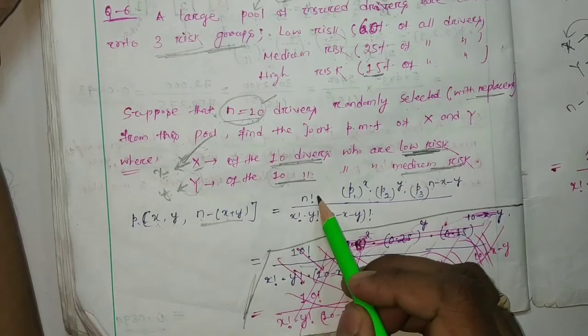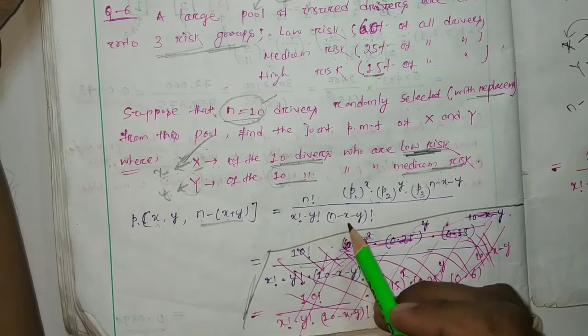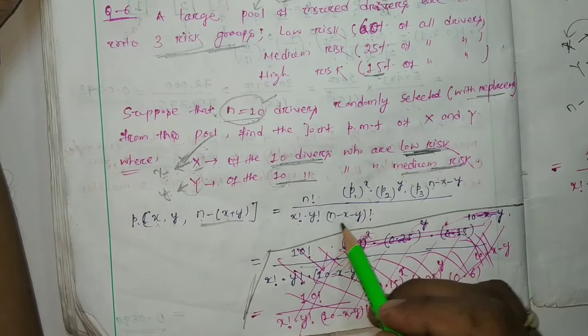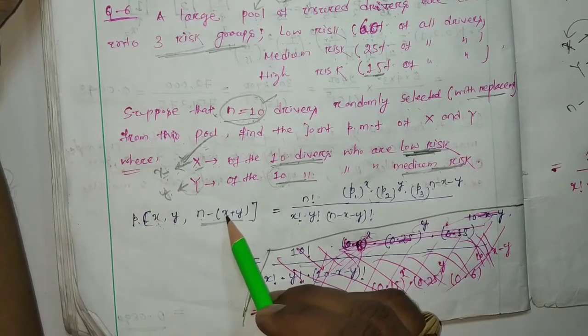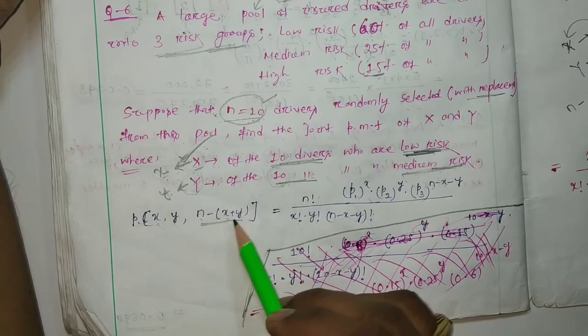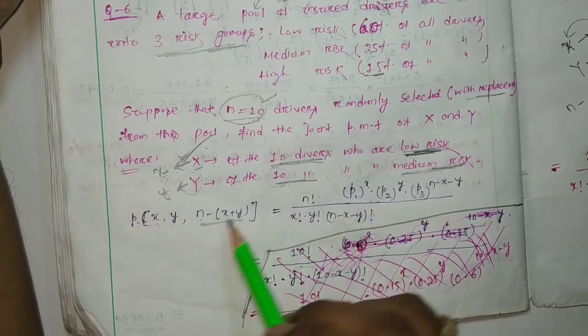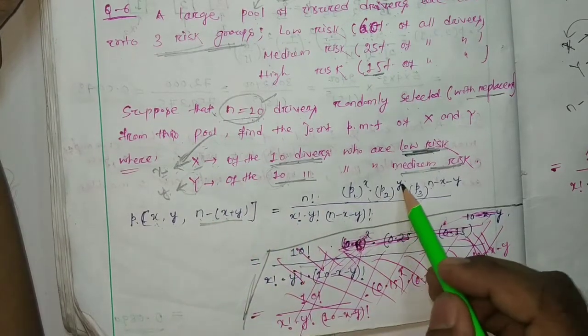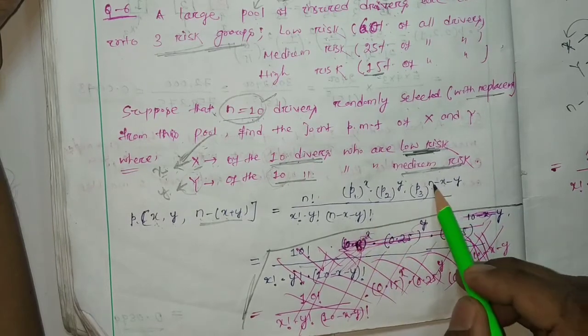It will be equal to n factorial by x factorial and y factorial into n minus x minus y factorial, and p1 to the power x, p2 to the power y, p3 to the power n minus x minus y.